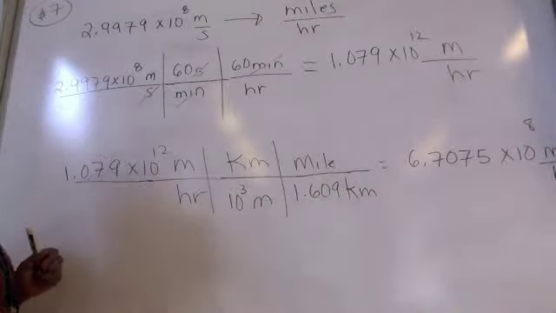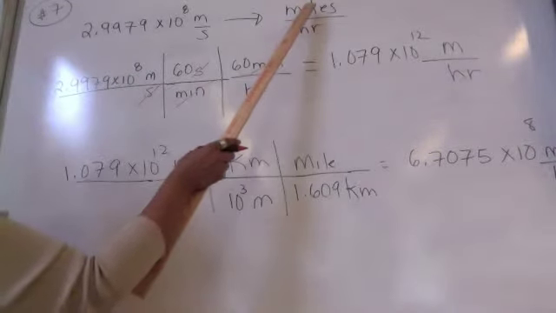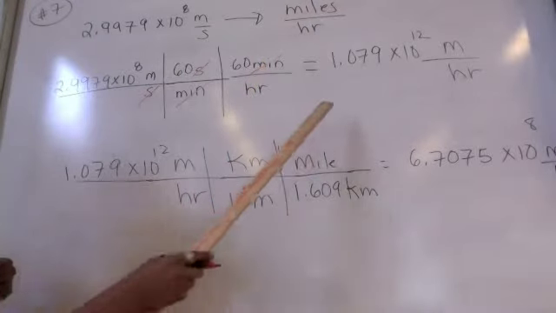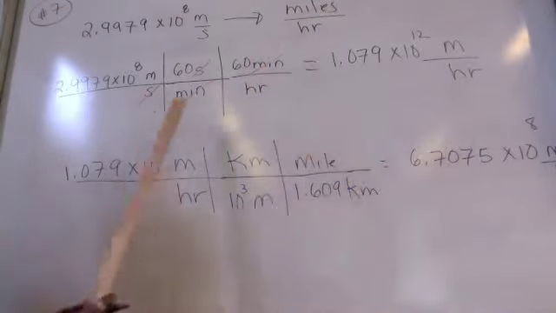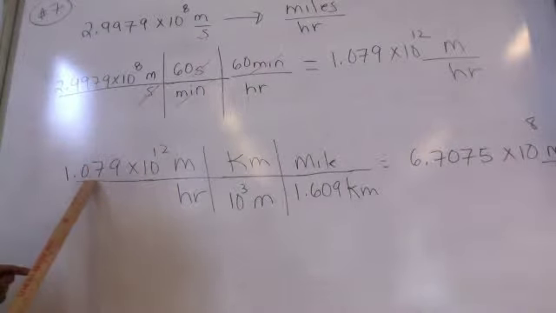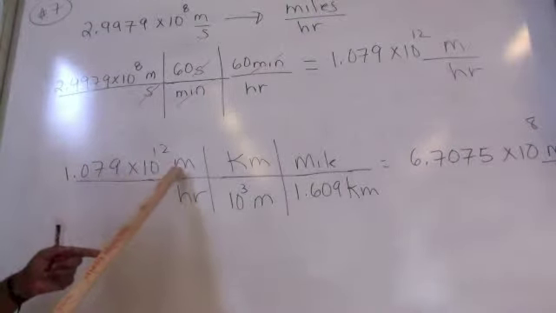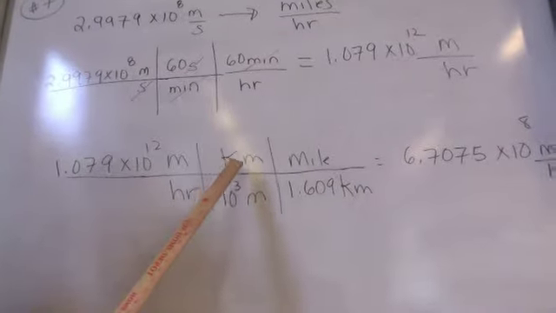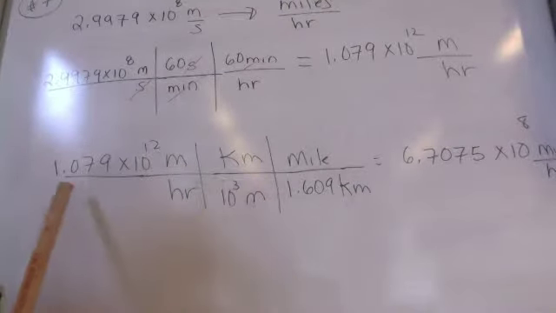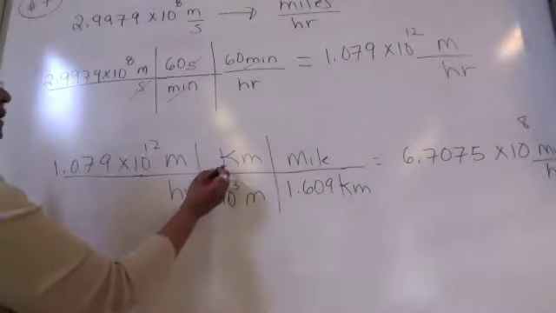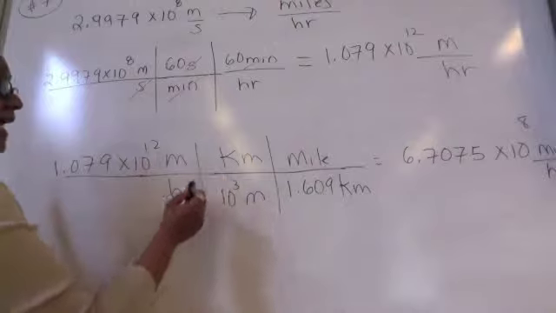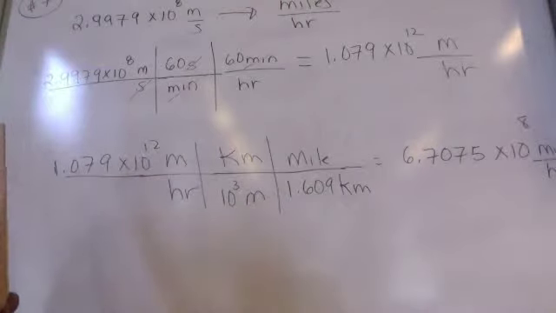But I'm only halfway there because I want it in miles per hour. So now I have to mess with the top. So I'm going to go ahead and take this number and give that my new beginning. So I've got the number, meters per hour, and this next block I'm going to put, I know that km is kilometers, and k from the formula sheet that I gave you means 10 to the third.